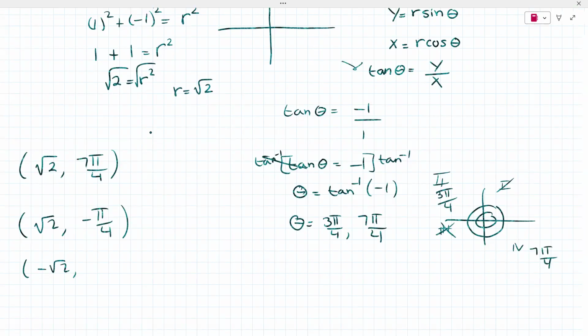So you have to be in this position. And 7 pi over 4 is 315. So here's right here, and then 90, so you'd be right there.